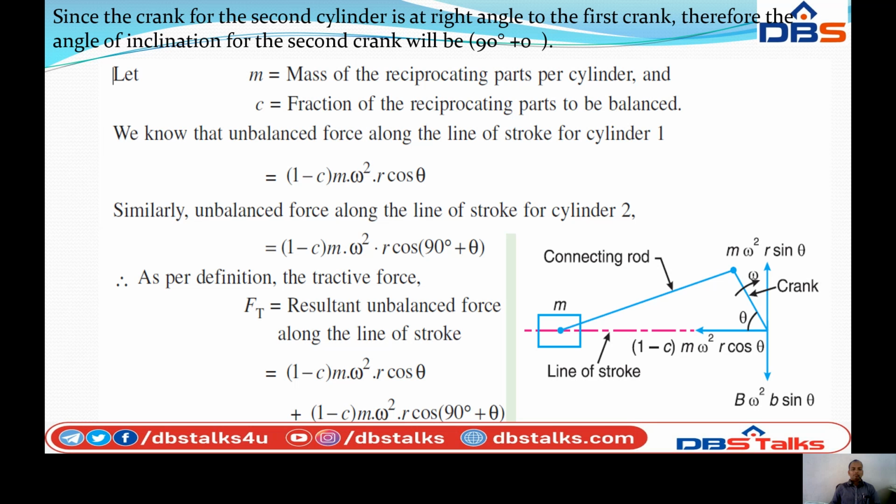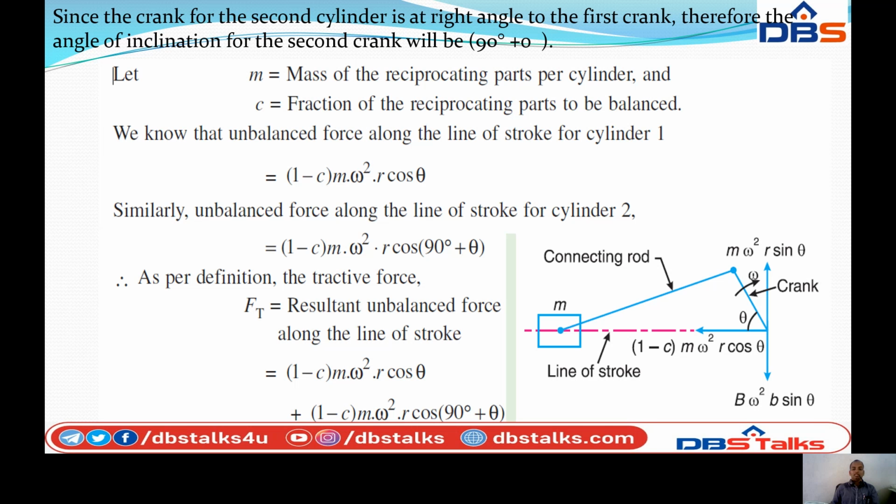Let us consider m to be the mass of the reciprocating parts per cylinder, and c the fraction of reciprocating parts to be balanced. We know the formula for the unbalanced force along the line of stroke for cylinder 1: (1 minus c) m omega square r cos theta.